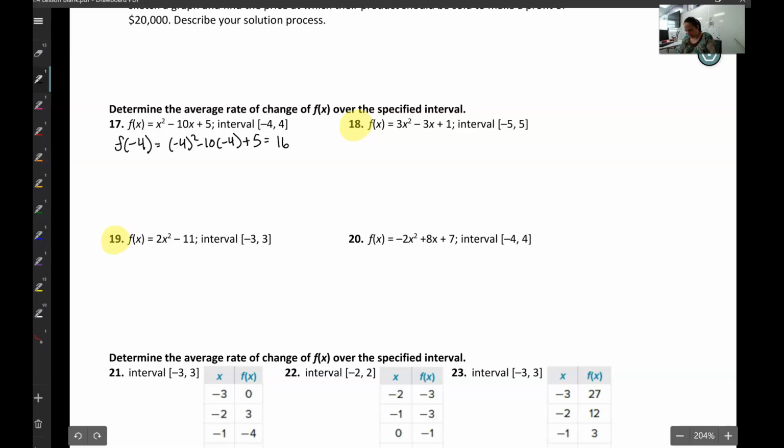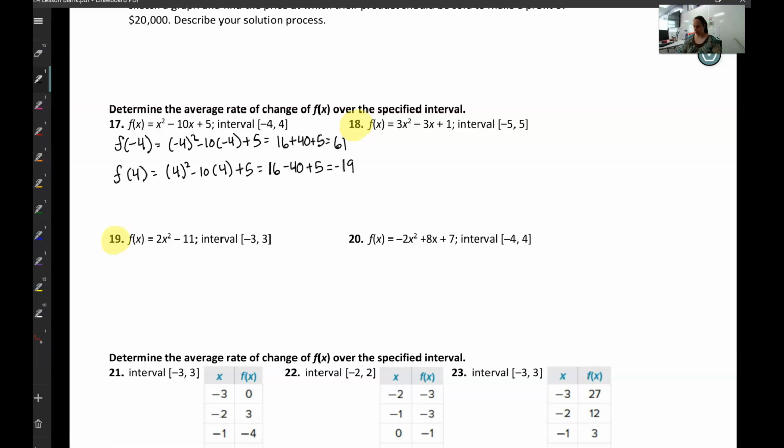So that would be 16 plus 40 plus 5, which should be 40, 50, 61, I believe. And then f of 4, so positive 4 squared minus 10 times 4 plus 5. So 16 minus 40 plus 5 should be negative 40, negative 30, negative 20, negative 19, I believe.